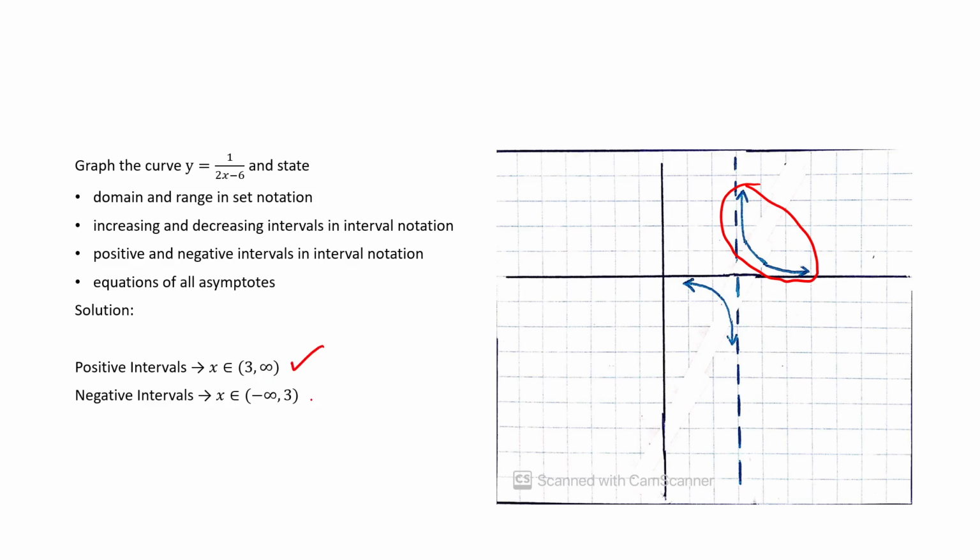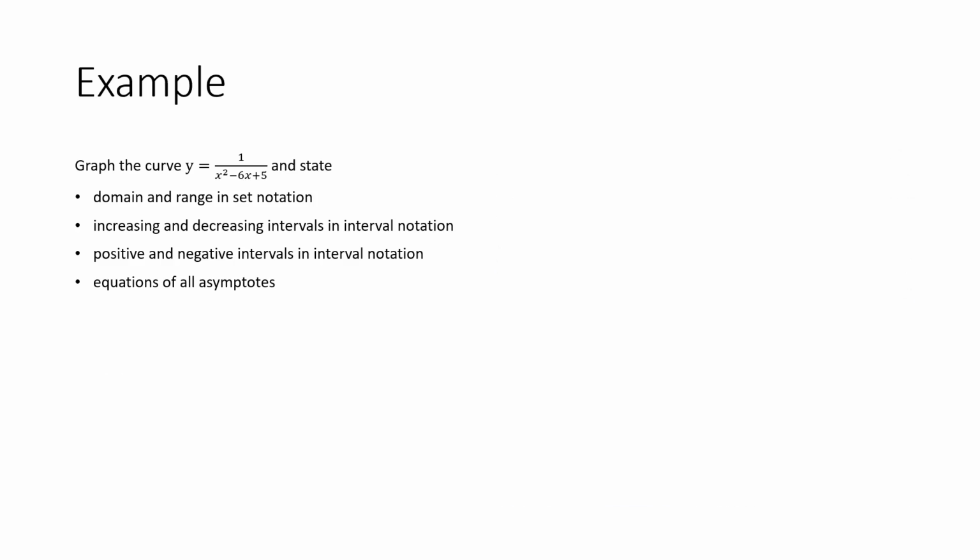And your negative interval is negative infinity to 3, because if you take any value from negative infinity to 3 as your x coordinate, you will get a point on the curve below the x-axis. But we have to use round brackets on the 3 because we can't include it, because the curve's not defined there. We have a horizontal asymptote at y equals 0 and a vertical asymptote at x equals 3.